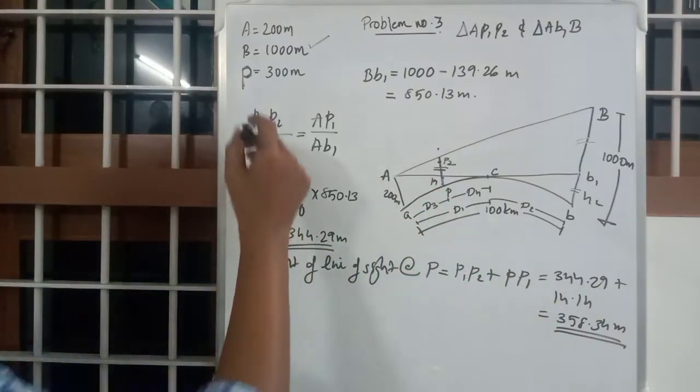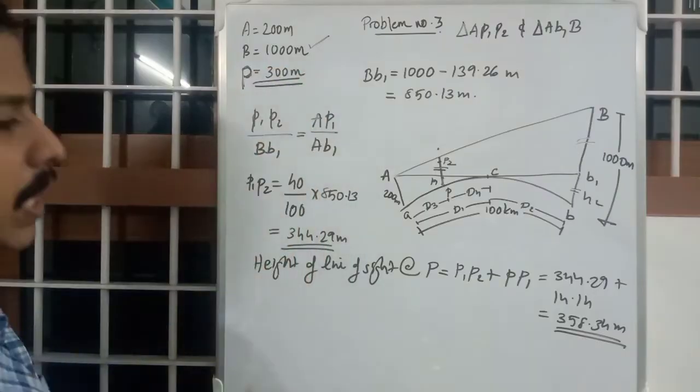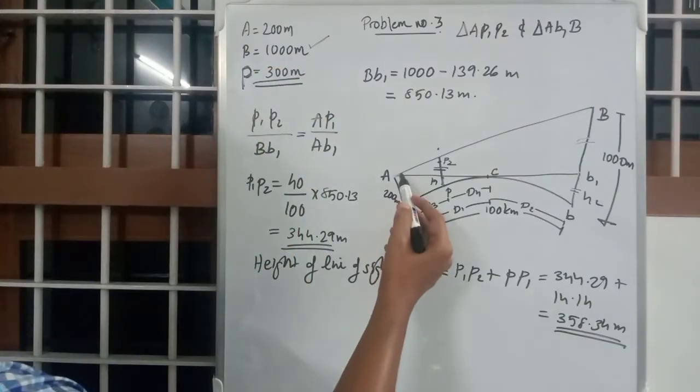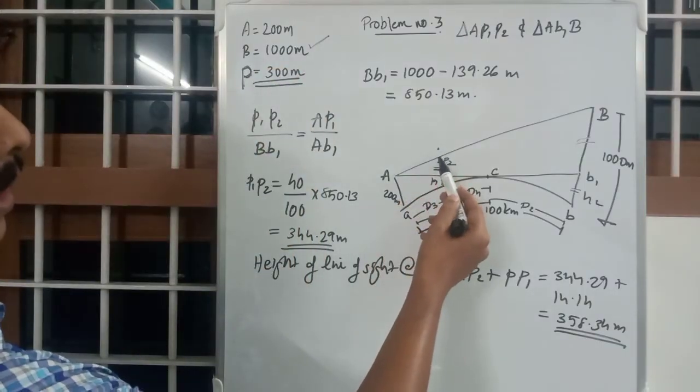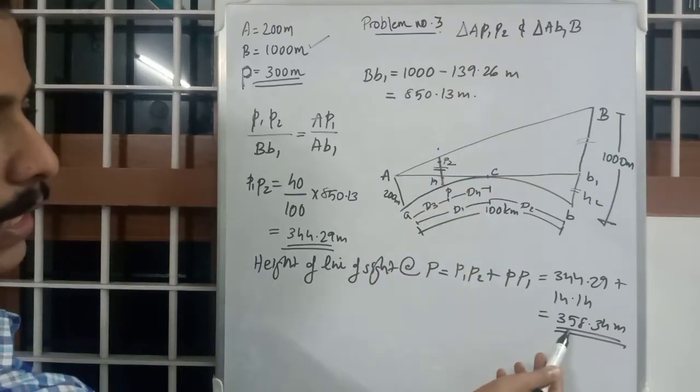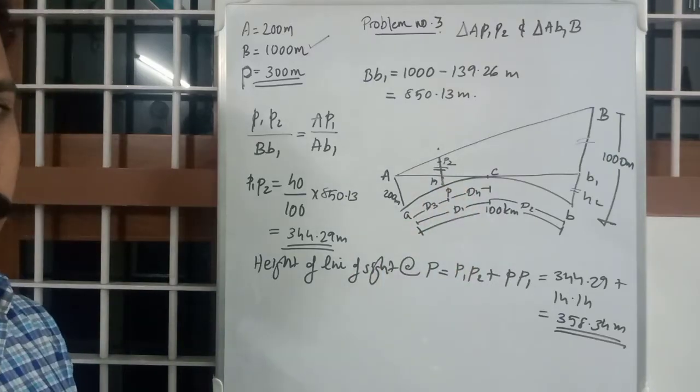So as you know, the P height is just 300. The height of line of sight is 358.34.